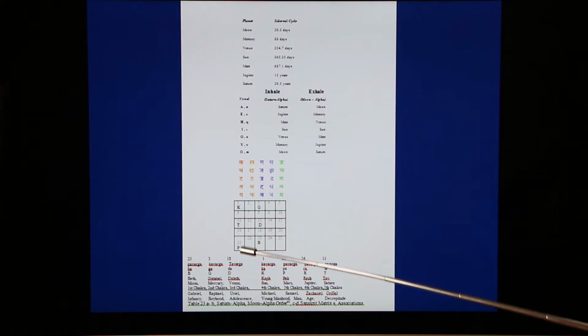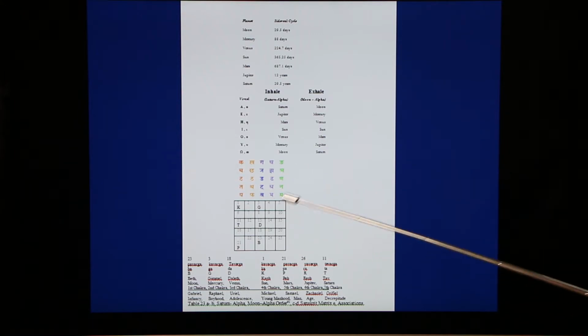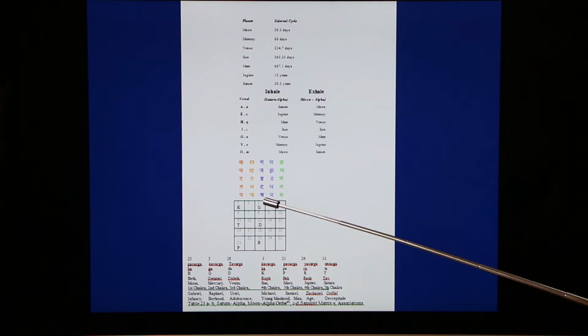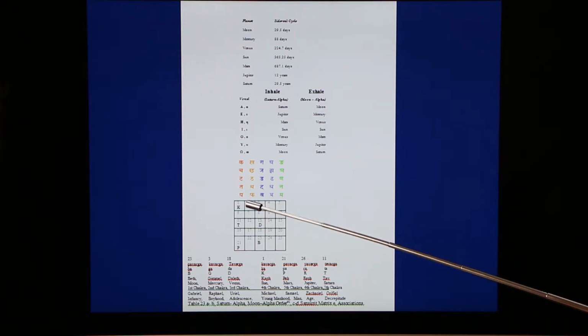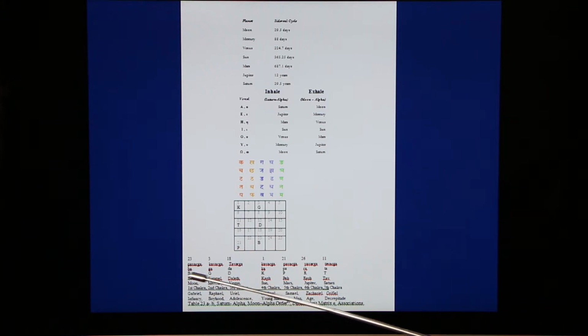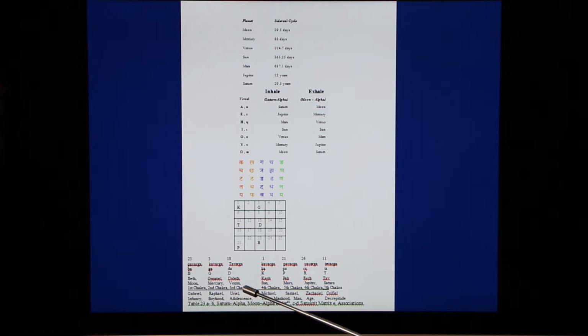Now I can link this to my 25 squares of the 25 letters, right? And then I get B, G, D, K, P, T. I can link that with the 7 planets. And then I can link this with a whole cosmology. Forgive my glasses because the writing is a bit small. So this becomes the 1st chakra, 2nd chakra, 3rd chakra, 4th chakra, 5th chakra, 6th chakra, 7th chakra.